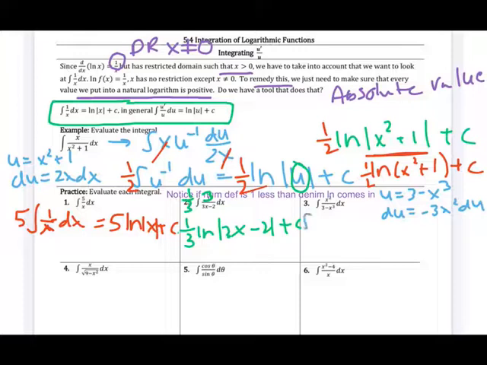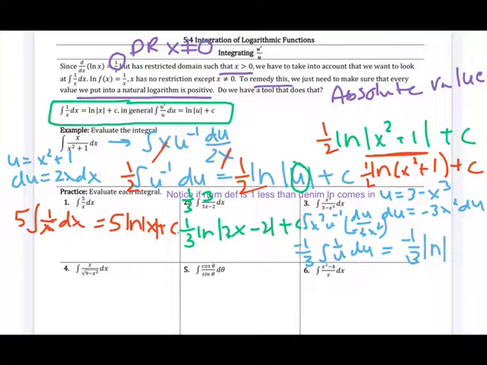So I can rewrite this integral as x squared times u to the negative 1st times du over negative 3x squared. So the x squareds are going to cross off. I'm going to get negative 1/3 times the integral of 1 over u du, which is going to be negative 1/3. And I'm going to go directly into substituting back in because I'm out of space here. 3 minus x to the 3rd plus c. Don't forget your plus c.